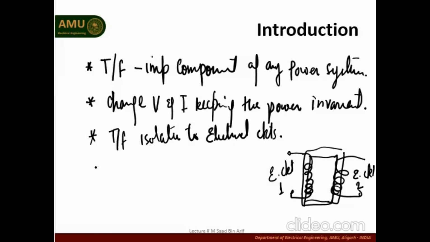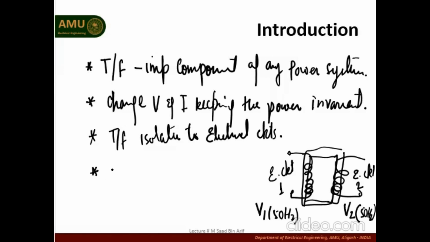For example, if the frequency of the voltage V1 is 50 Hertz, then the voltage you obtain at the secondary side of the transformer, that is at electrical circuit 2, V2, you will find that the frequency of that voltage is also 50 Hertz.